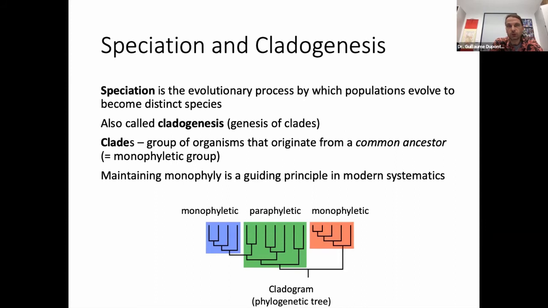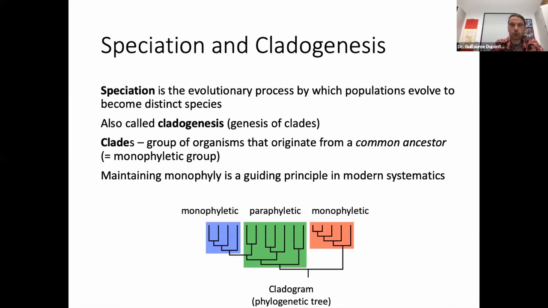So if you want to describe a new species, you want to present genetic data that shows that it's a monophyletic clade. The point that is always contested is where you make the cutoff and say this is a species or subspecies. We're not going to discuss these issues. But what has been shown is that various species which were described under the morphological species concept were actually paraphyletic. So this leads to revisions of how many species there are.